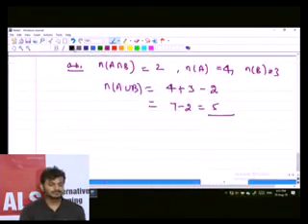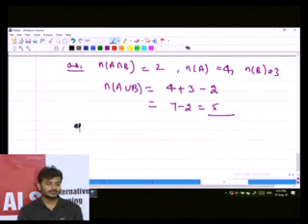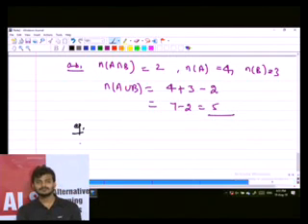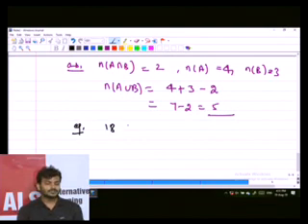Now you can expect some word problems also. See, there is a class of total 50 students, right? In a class there are total of 50 students.